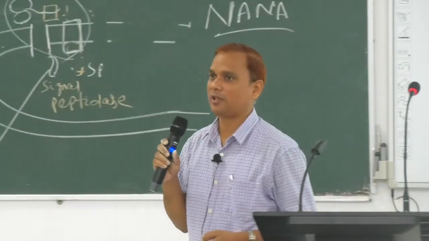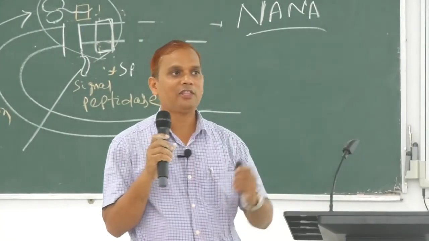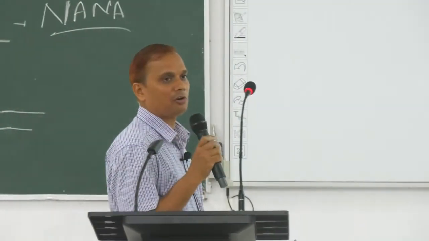Other name of sialic acid, can anybody tell? That is carbohydrate chemistry. Other name of sialic acid? It is N-acetylneuraminic acid. That sialic acid will be removed from that protein. Once sialic acid is removed, it will go for degradation. Otherwise, it will not go for degradation.